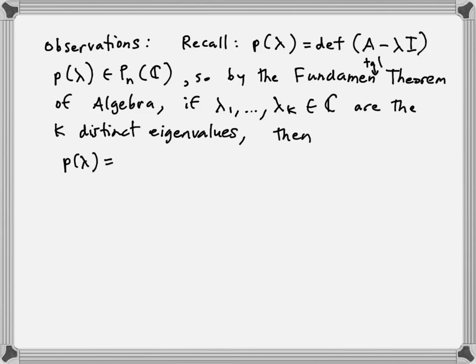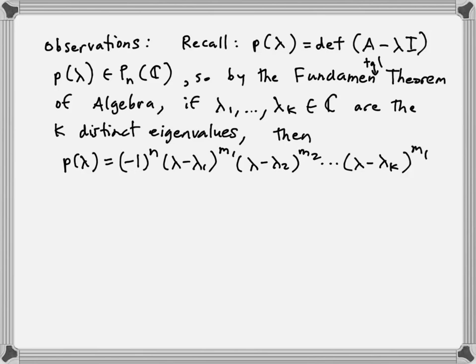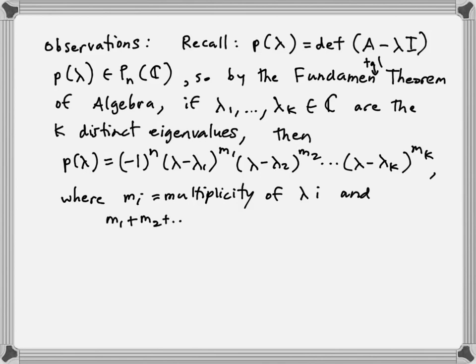Then p of lambda always looks like this: negative 1 to the n, times (lambda minus lambda 1) to the m1, times (lambda minus lambda 2) to the m2, and so on up to (lambda minus lambda k) to the mk, where each m_i is equal to the multiplicity of lambda i, and all of those m_i's have to add up to n.